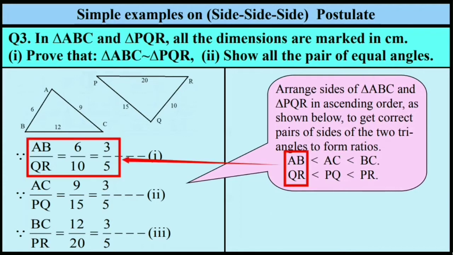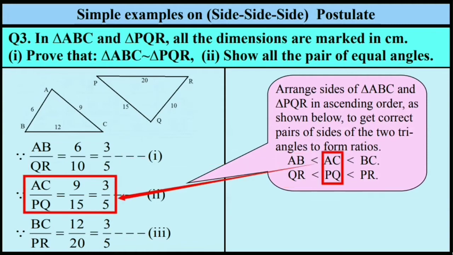Here AB is the shortest side of triangle ABC and QR is the shortest side of triangle PQR, hence we find the ratio AB by QR and that comes 3 by 5. Here AC is the second side of triangle ABC and PQ also is the second side.